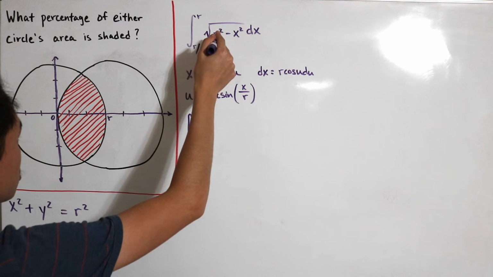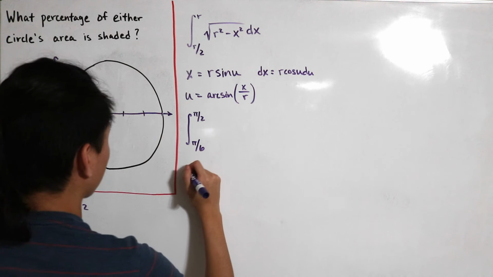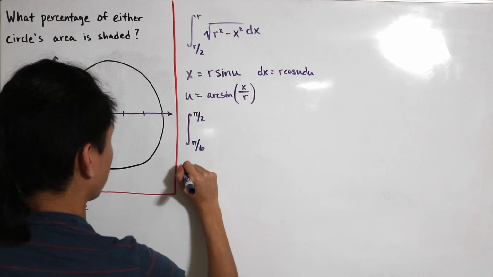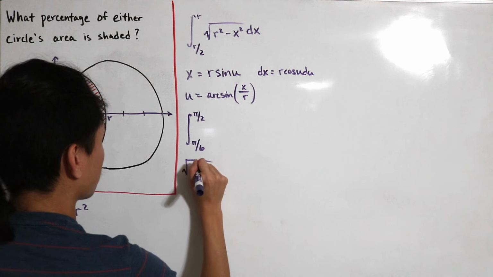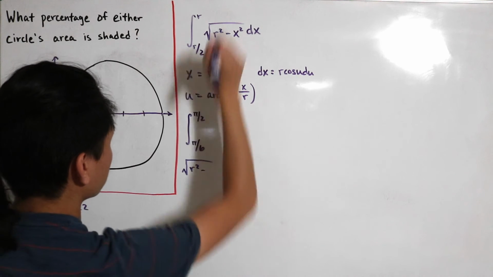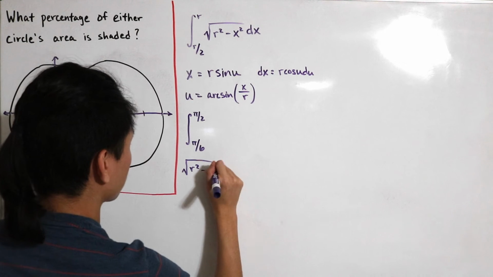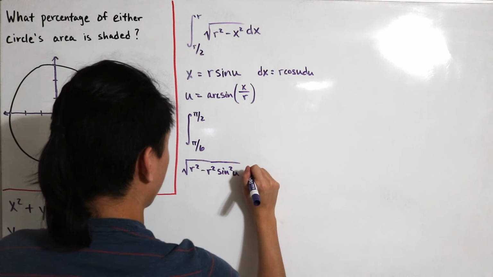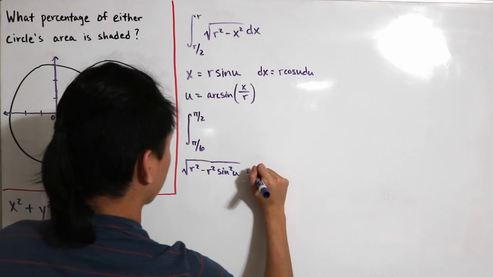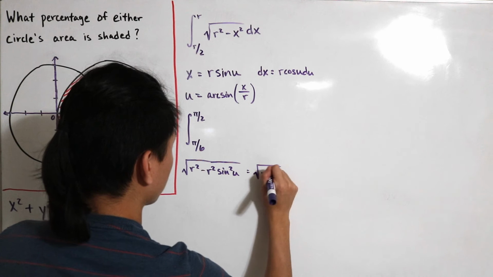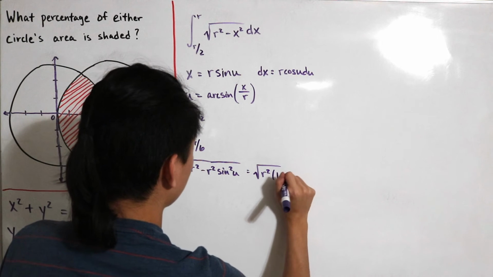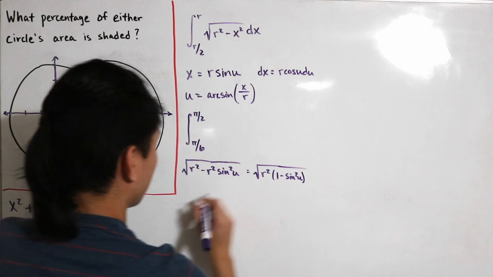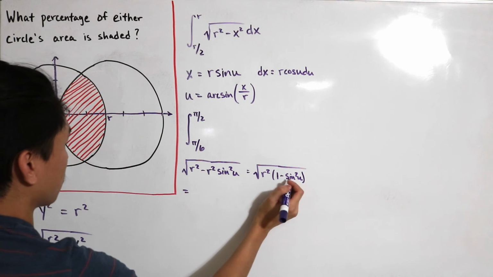So now we plug in the substitution, so I'm going to do the work right here. If I plug in r squared minus x squared, I get r squared sine squared of u. I can factor out an r squared, so this is 1 minus sine squared of u.